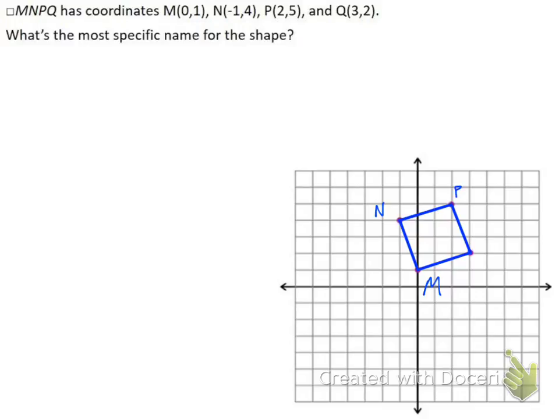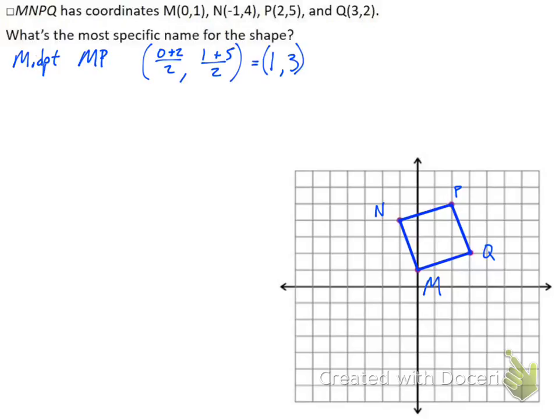M, N, P, and Q. And so again, first thing I'm going to do is check to make sure that it is a parallelogram, so find the midpoint of MP, which is 0 plus 2 divided by 2, and then 1 plus 5 divided by 2. When I do that, I get 2 over 2, which is 1, and then 6 over 2, which is 3.